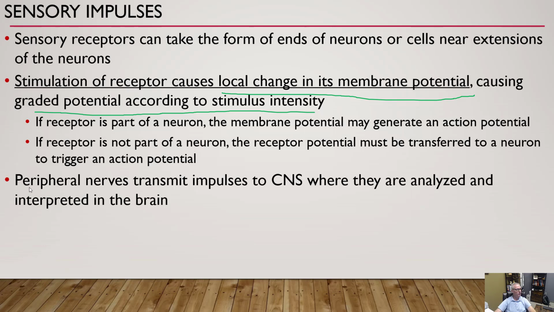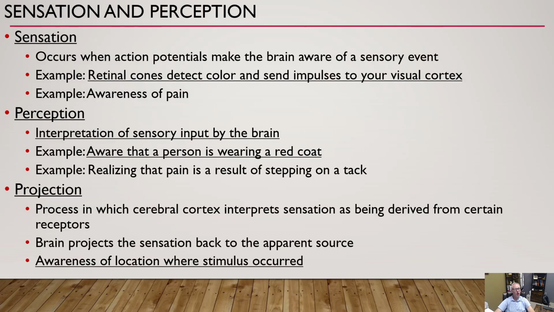And remember that the peripheral nervous system is going to transmit the impulses to the central nervous system via the afferent pathway, where they're going to be analyzed and interpreted in the brain. All right, so we have kind of three definitions: sensation, perception, and projection. And they kind of fall into progressively more detailed order.